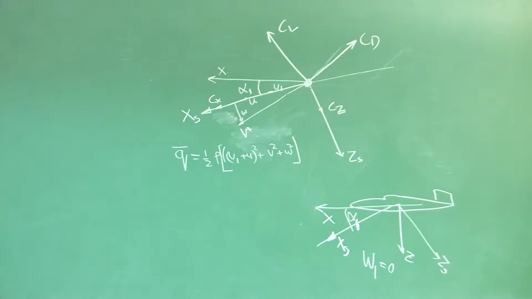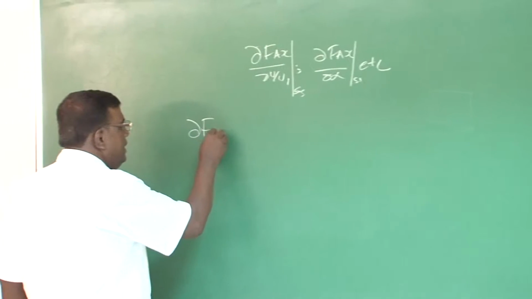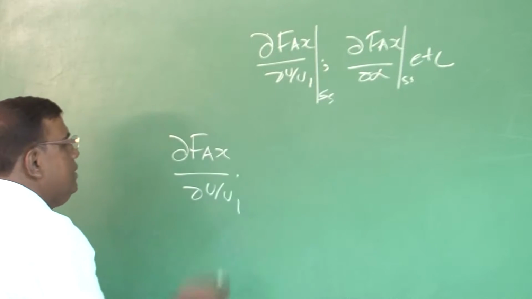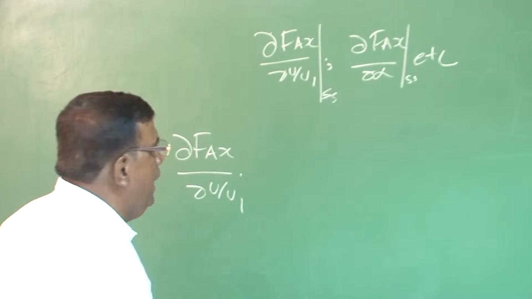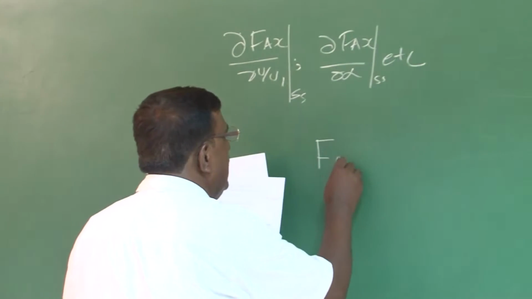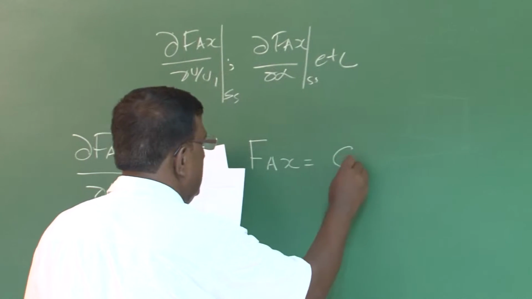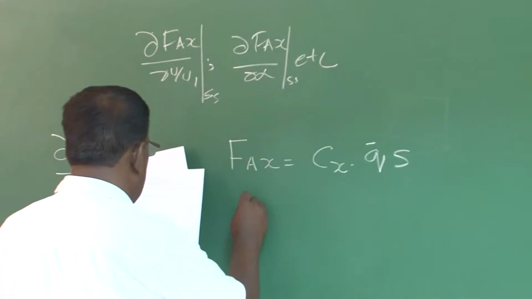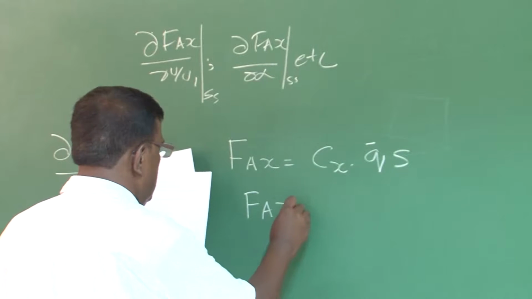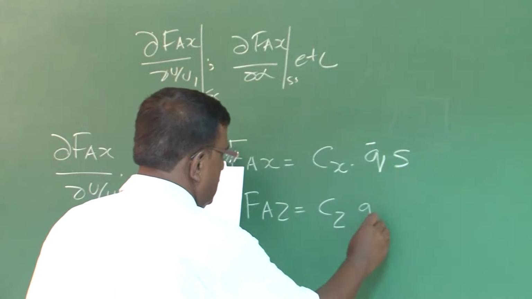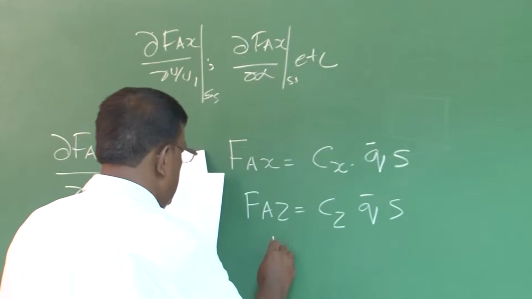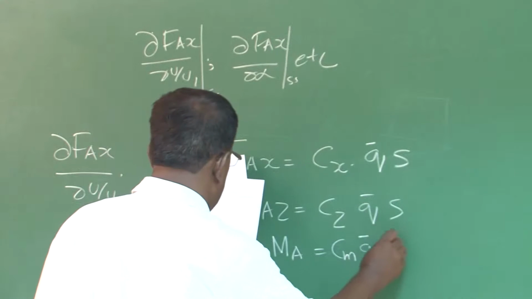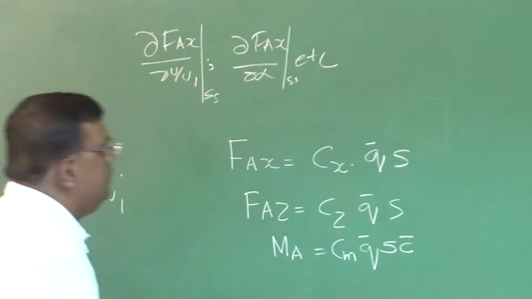Now I want to find these derivatives. Let's say I am trying to find dFax by du by u1. Let us see how it can be done. I can write Fax equal to Cx q bar S. Similarly, Faz equal to Cz q bar S. And aerodynamic moment as Cm q bar S c bar.